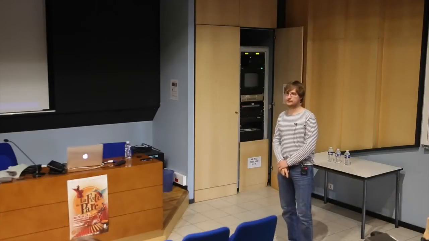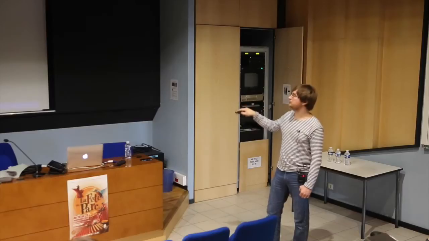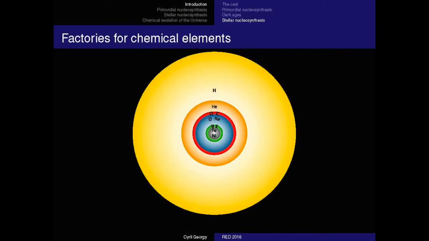And at the end, you will have stars with different kinds of layers. Near the surface, you will have the initial composition with a lot of hydrogen and helium. Then you will have successive layers where you will find helium, oxygen, carbon, and then depending on the initial mass of your star, you will have neon, silicon, sulfur, iron, and nickel at the very center.